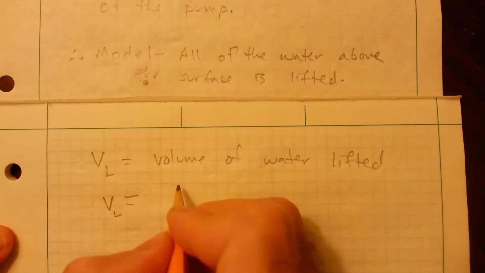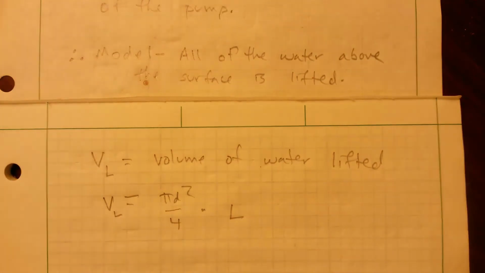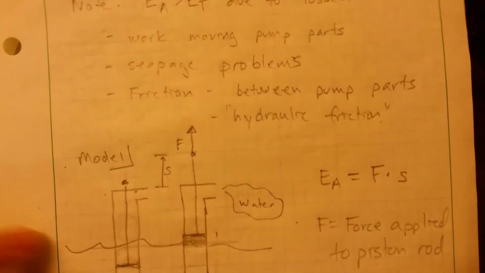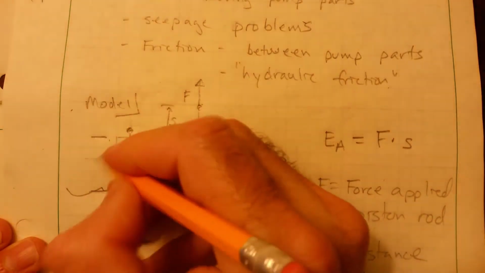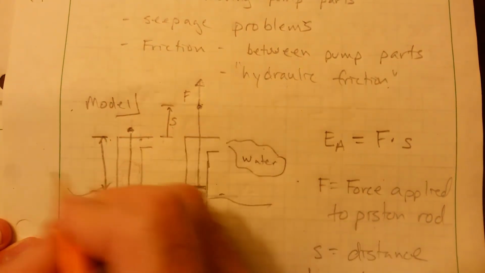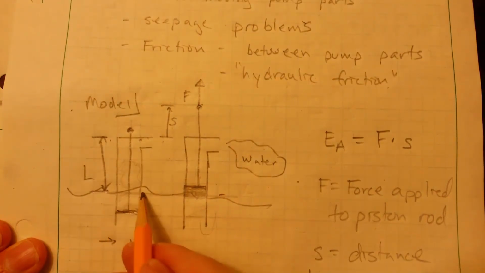And V_L is pi d squared over 4 times L, where L, we'll go back to the model here, is the height of the water column above the surface of the water in the bucket.